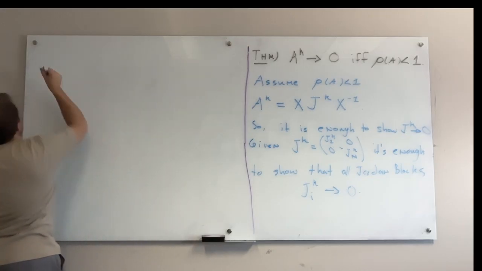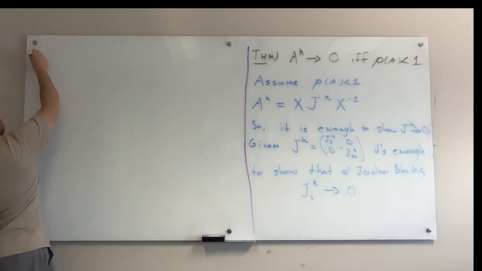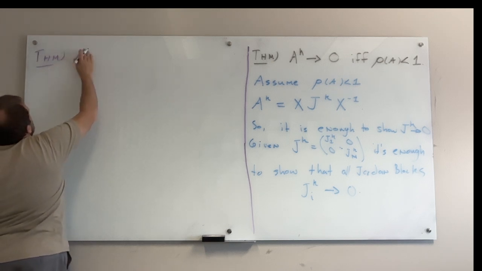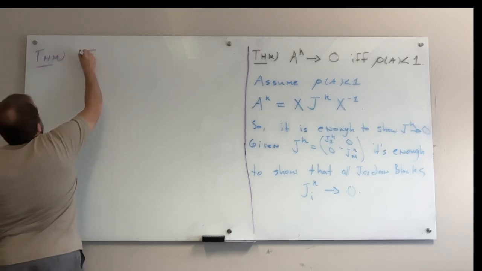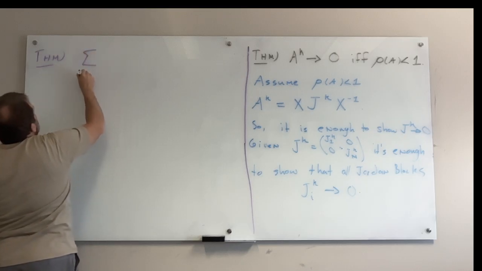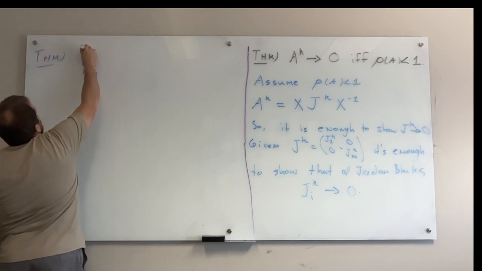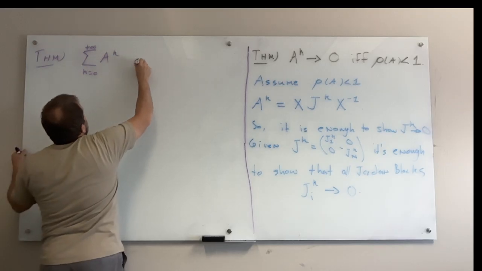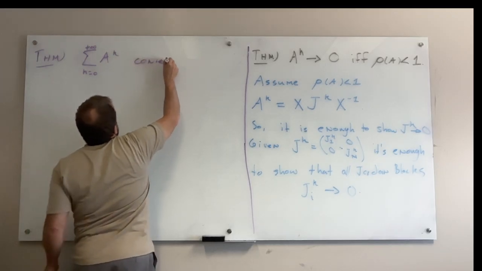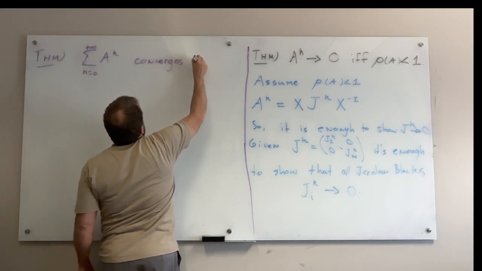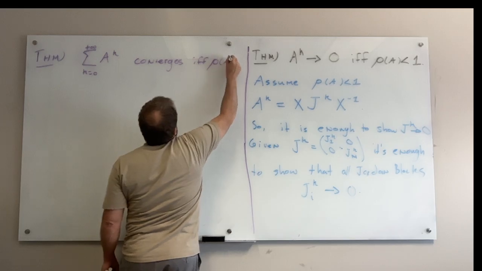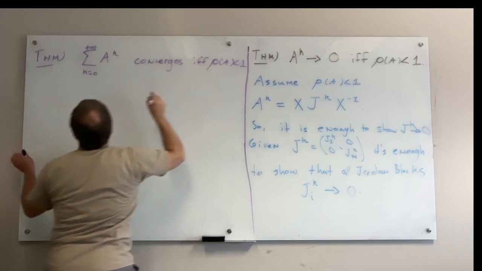So, theorem: the sum of this series, k equals 0 to infinity, of A^k converges if and only if the spectral radius of A is less than 1.